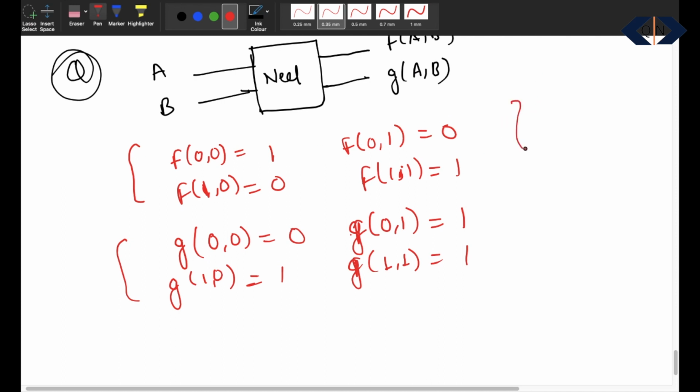You can comment whether it is reversible or irreversible, and then you can send me the truth table in the mail itself. I can check and reply there also. Based on how many responses I get, I will write whether this Neel gate is reversible or irreversible. If it is reversible, then no need to do anything.